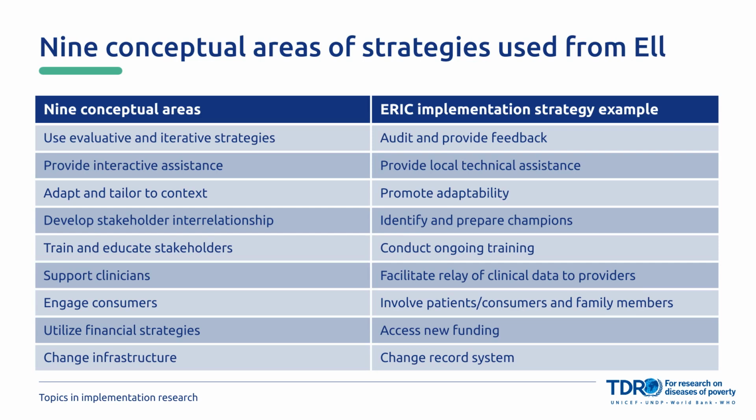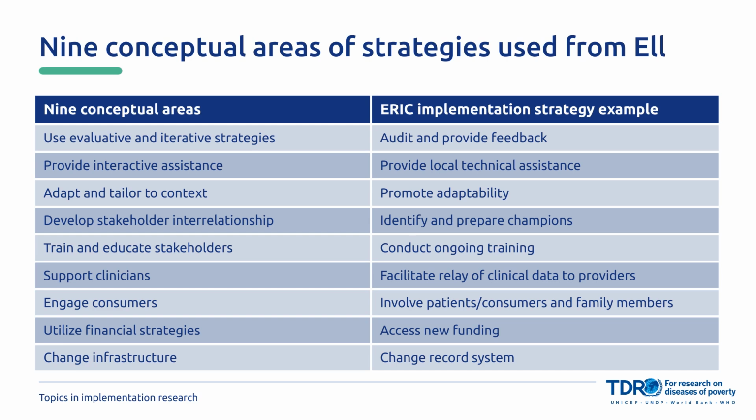This compilation stands as a foundational resource for organizations seeking to address specific determinants in their implementation efforts. When utilizing ERIC to select strategies, the process typically begins with identifying the conceptual area that aligns with the identified barriers and facilitators, relevant to the evidence-based intervention under consideration.